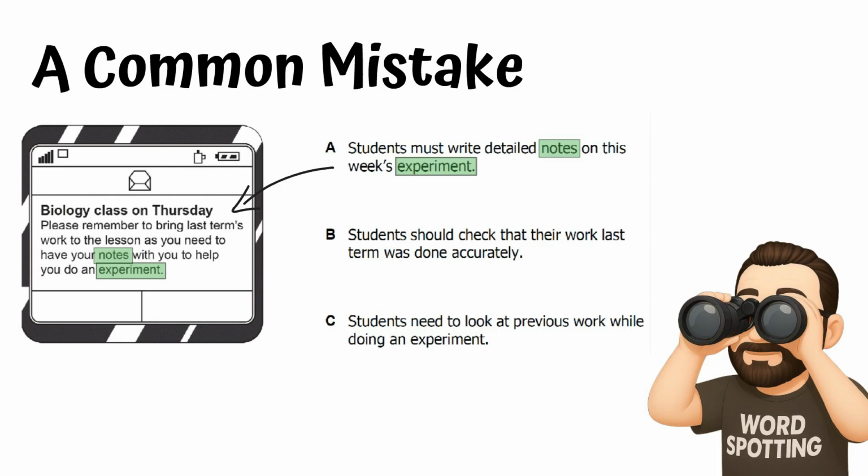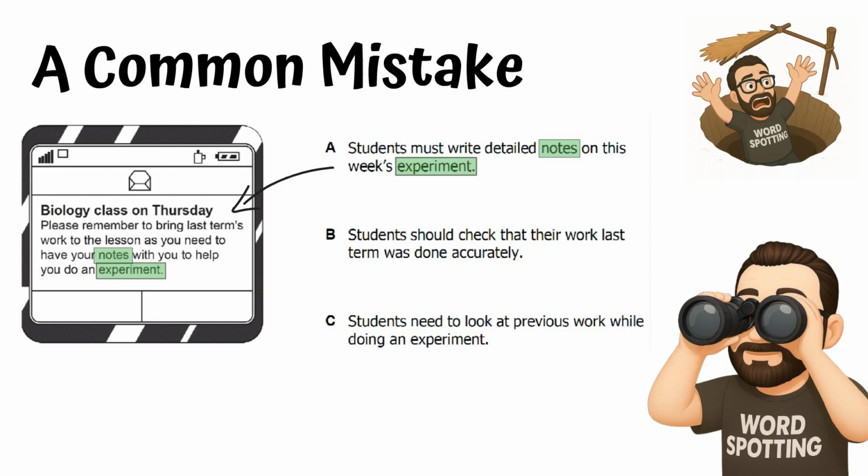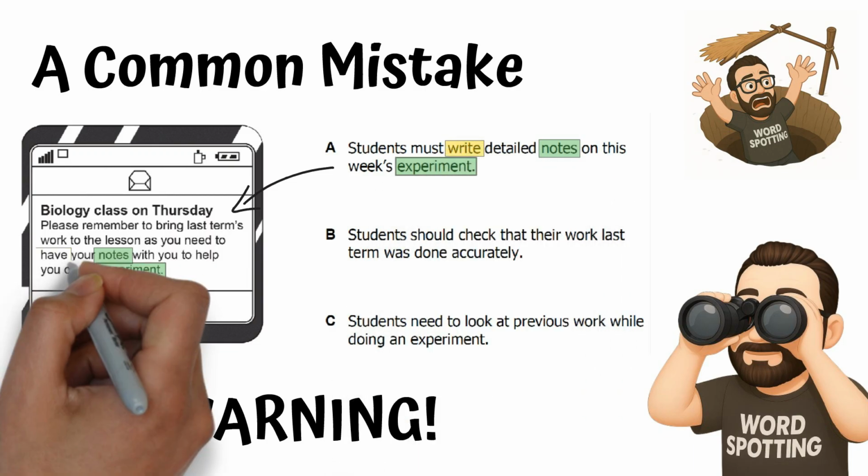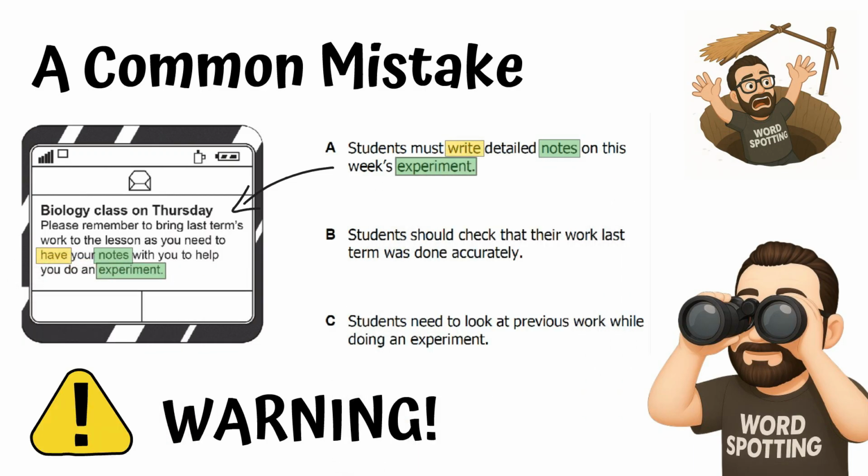This is a trap. The exam is trying to trick you. You have to be better than the exam and try to justify your answer with logic. A is not correct because writing notes and having notes are not the same. So this is not the correct answer.